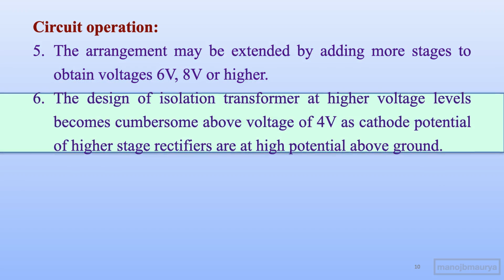But the only problem that lies is the design of isolation transformer at higher voltage level becomes cumbersome above a voltage of 4V, since cathode potential of higher stage rectifiers are at high potential above ground.